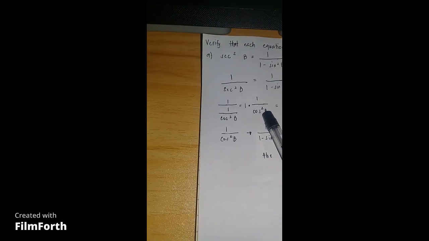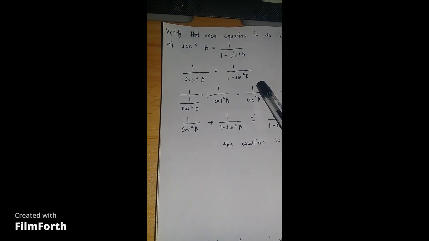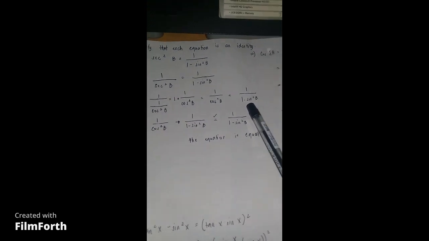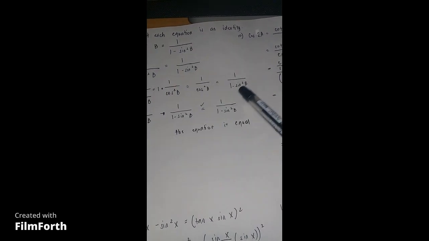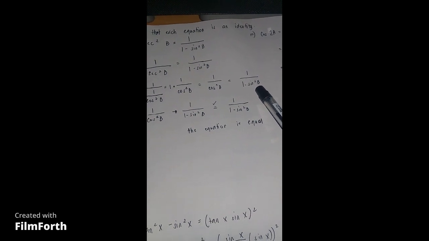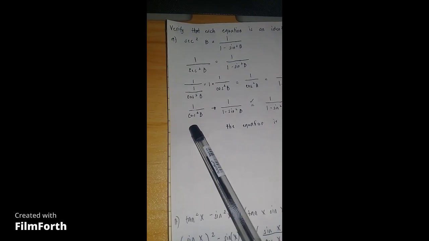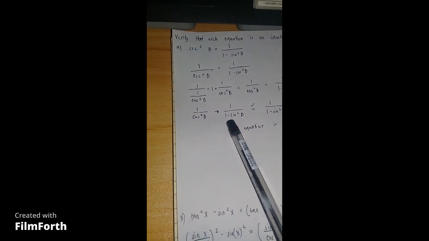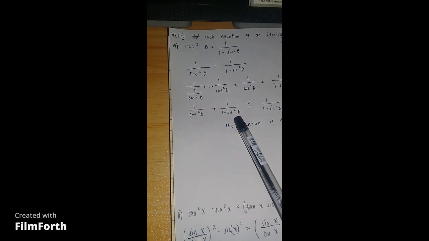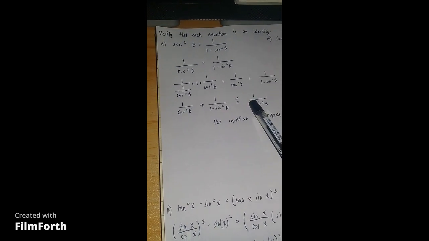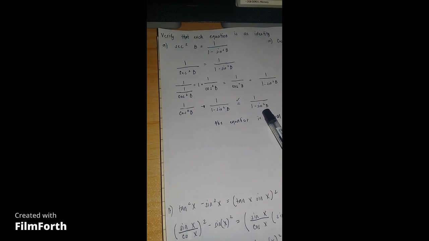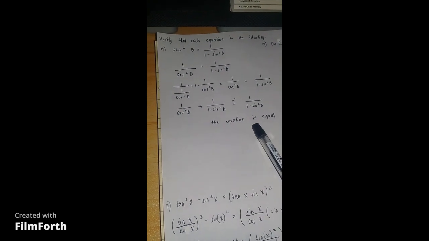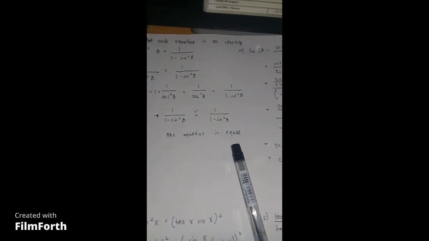So it equals 1 over cos squared b, and copy the 1 over 1 minus sin squared b. So the 1 over cos squared b is equal to 1 over 1 minus sin squared b. So it's just equal. So the equation is an identity. So let's go to number 10.